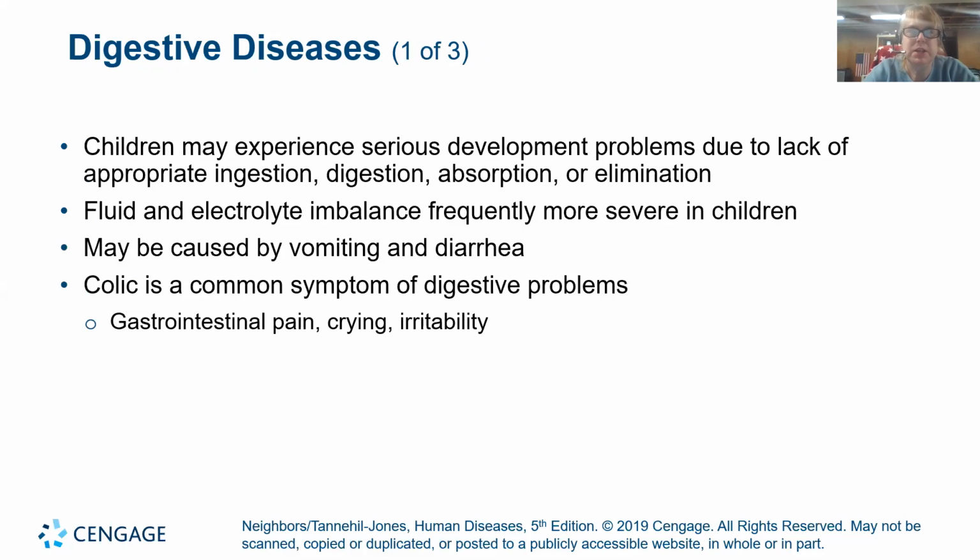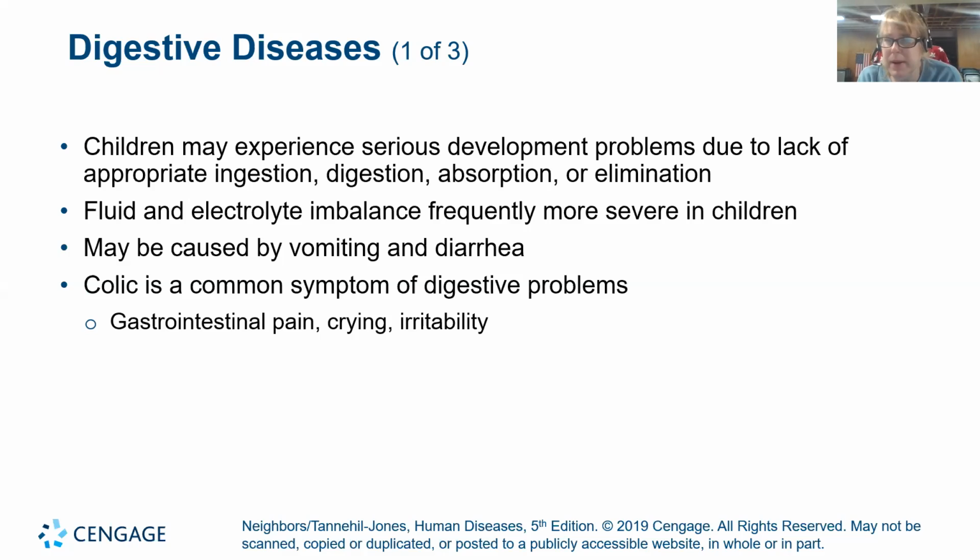So as far as digestive diseases go, children can experience serious developmental problems when they don't get enough food, digest enough food, absorb enough food, or eliminate enough food, okay? Fluid and electrolyte imbalances frequently are more severe in children just because of their smaller size. As adults, we can afford to lose a lot more liquid and not get dehydrated. Children can't afford to lose a lot of liquid.